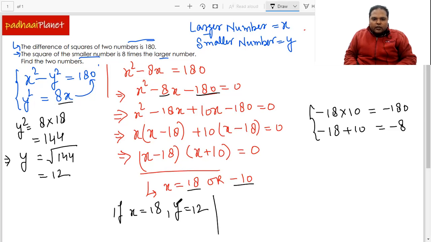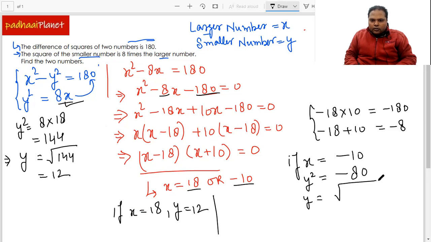Now moving on to the other one, if x is equal to minus 10, then we'll again put the value of x into this equation and we will get y square is equal to minus 80, right? So y is equal to square root of minus 80. Now that's going to be an imaginary situation because this number is negative within the square root.